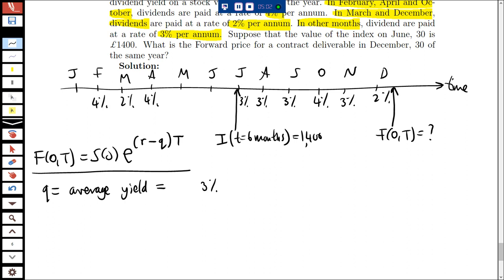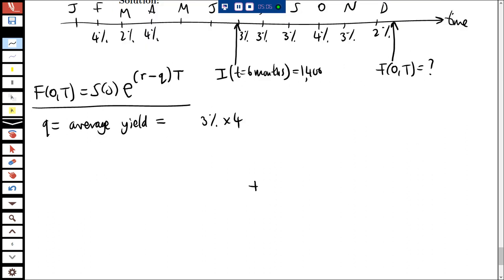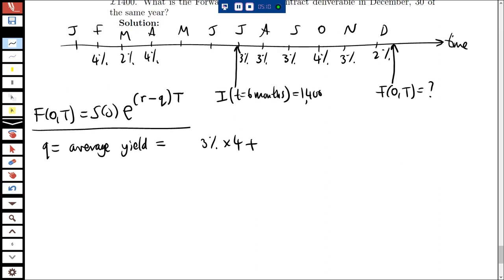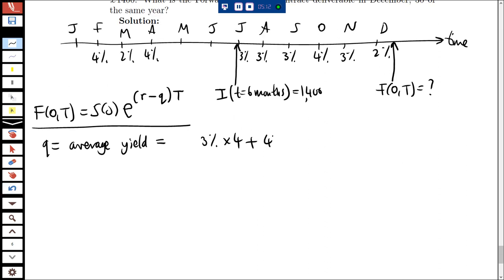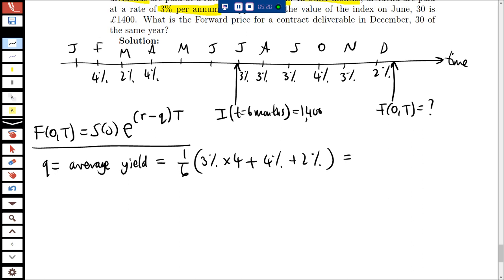So we've got 3%, four of those. We've got a 4% in October and a 2% in December. So the average yield for this asset is 12 plus 4 plus 2, divided by 6, which is 3%.